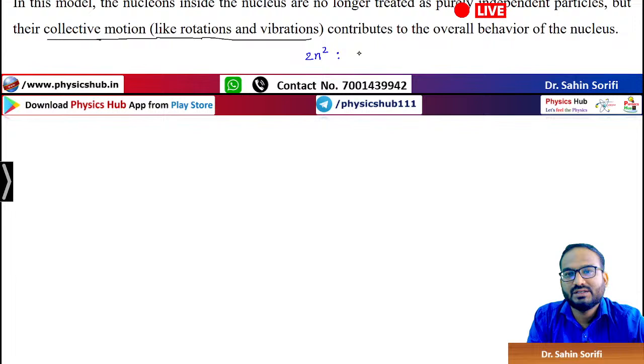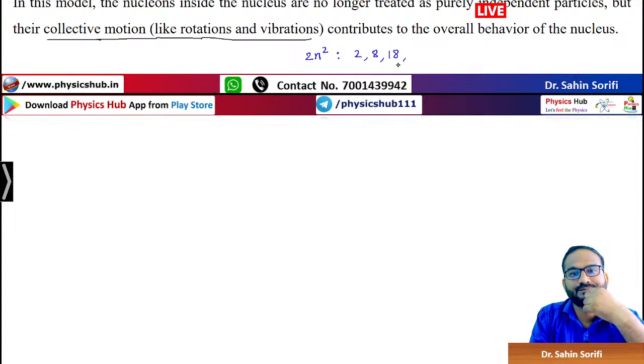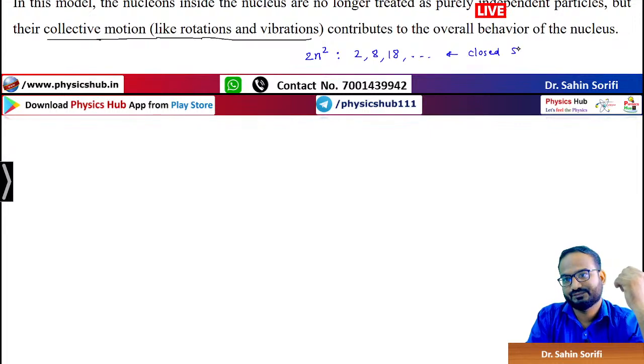So the outer shell electron count is either 2, 8, 18, then what is the next number? 32, and so on. We see that they are forming closed shells. A closed shell is believed to make the atom stable.